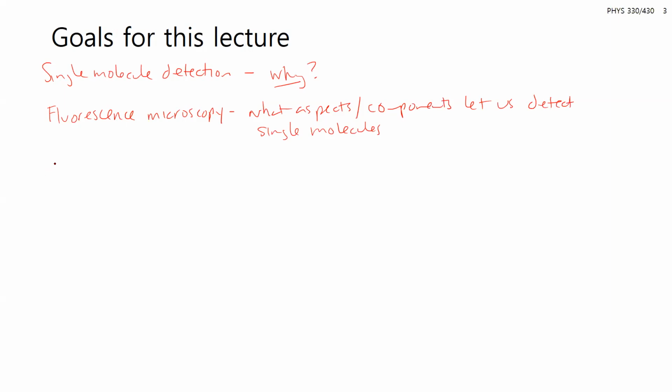So we're also going to talk about super resolution imaging, and we'll talk about different super resolution techniques.